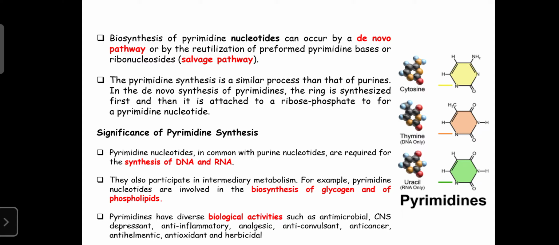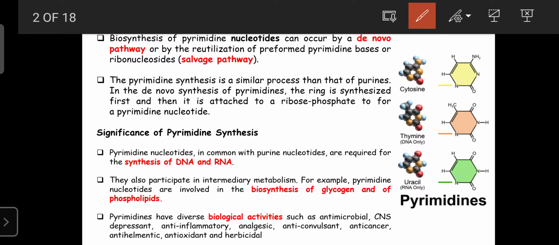Regarding the pyrimidines, these are cytosine, thymine, which is only found in the DNA, as well as uracil, which is only present in the RNA. This is the only difference in the pyrimidine bases in the RNA as well as in the DNA. The pyrimidine synthesis process is similar to that of the purines, but it is not as complicated as the purines.